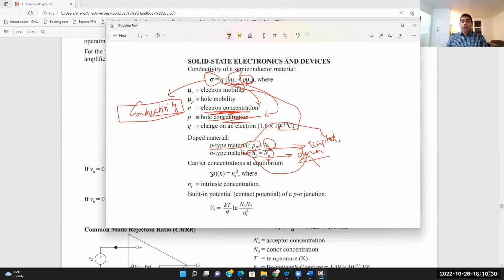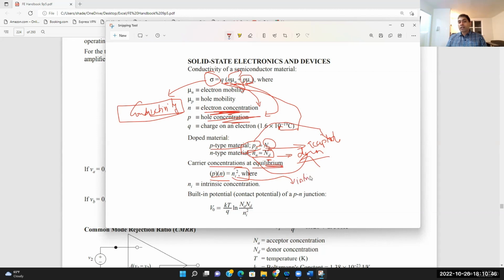So at equilibrium, assuming that it is at equilibrium, the concentrations are equivalent. So p and n are equal, and you can write i for intrinsic.